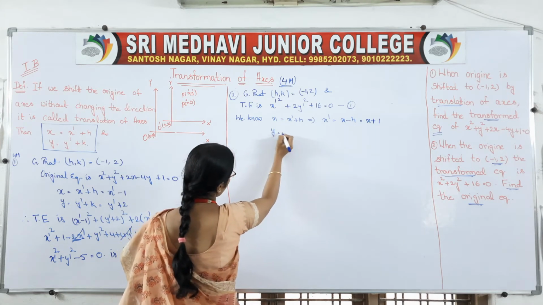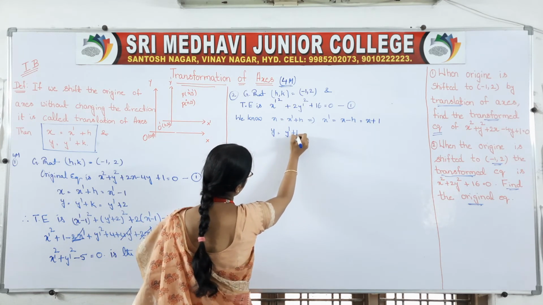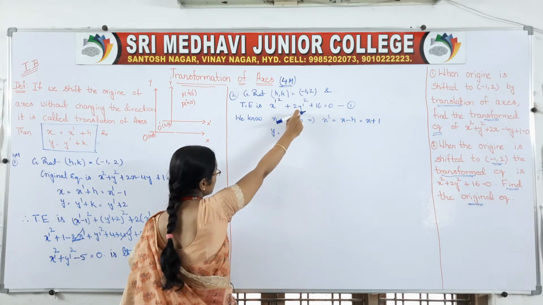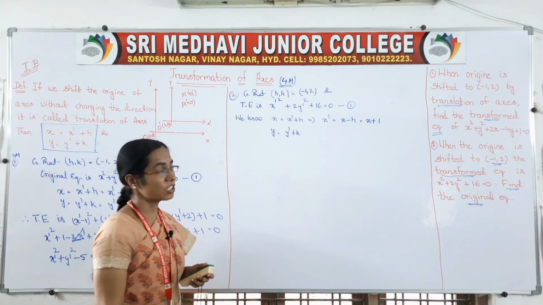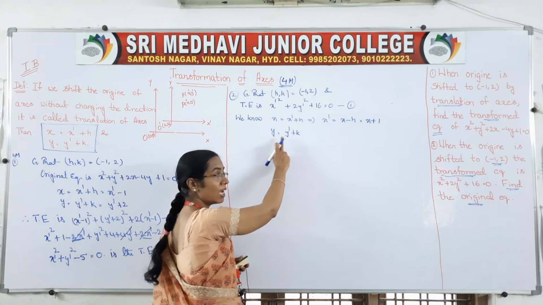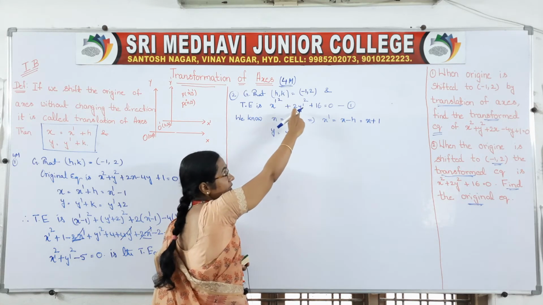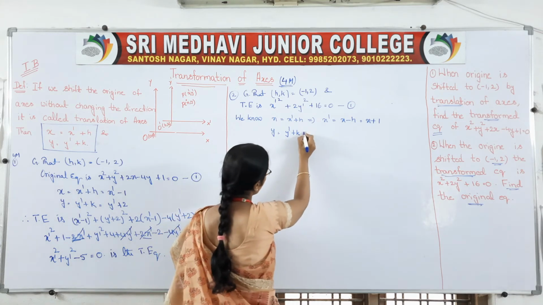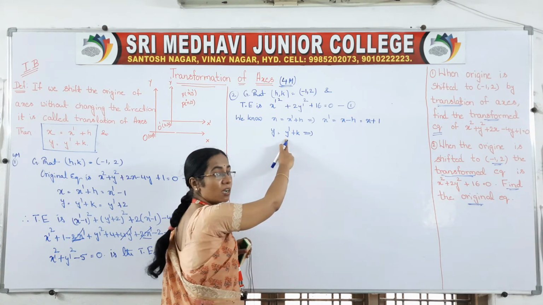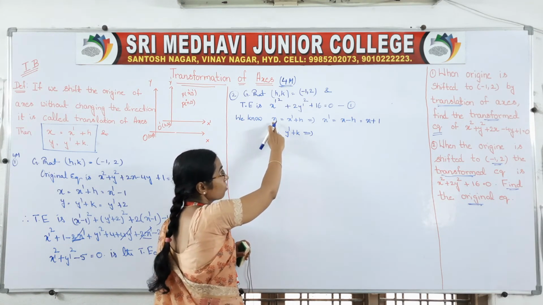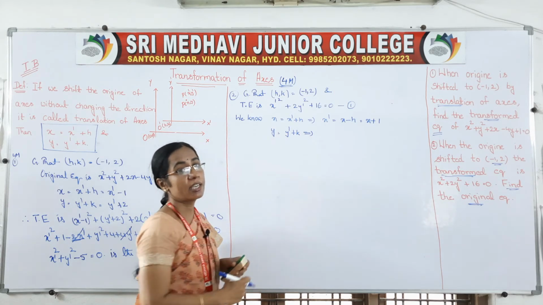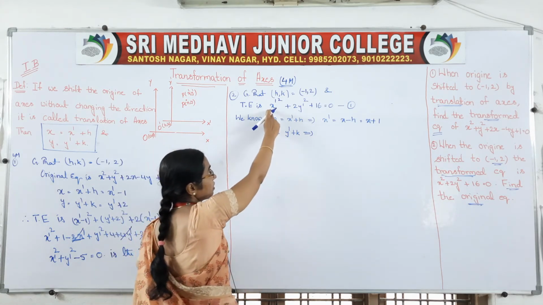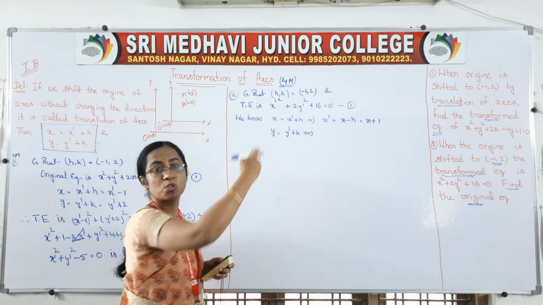Similarly, we know that y is equal to y dash plus k. But our equation is in terms of y dash. We have the formula for y, but the equation has y dash, so we need the y dash value. From this formula you get your y dash. Here also, we know the formula x dash plus h, but our equation has x dash, so we need to substitute x dash.